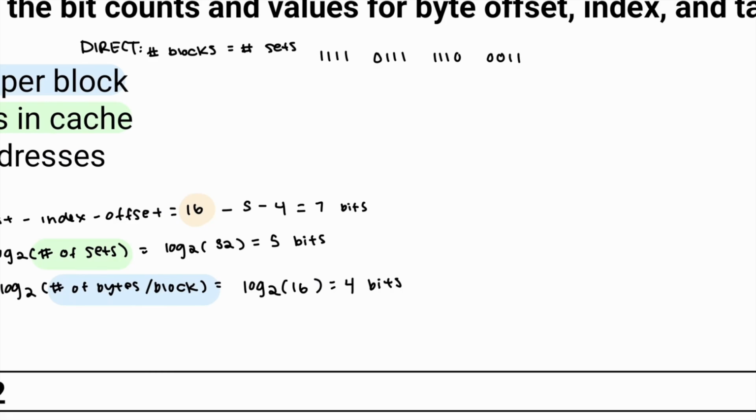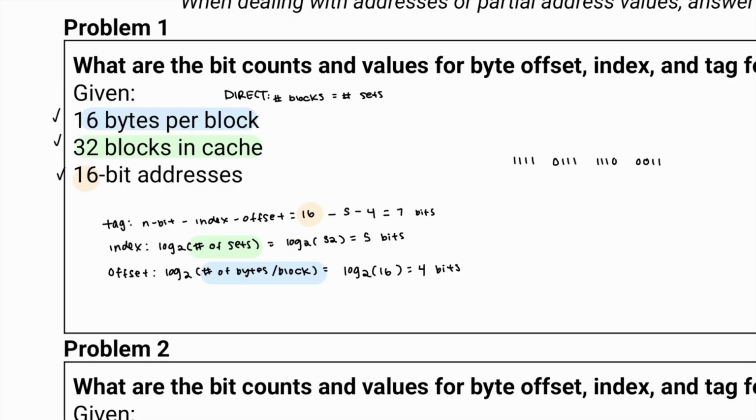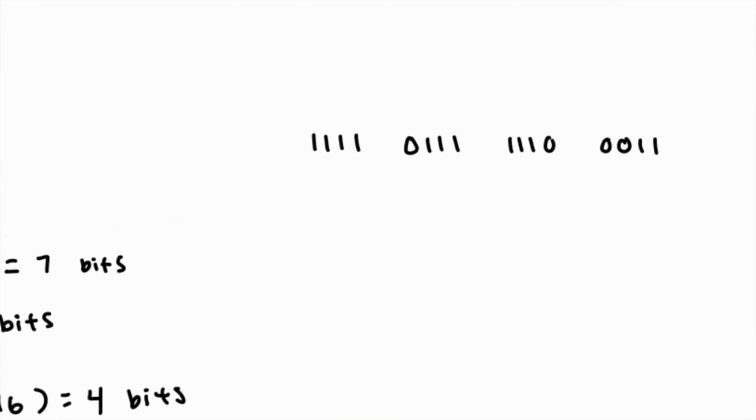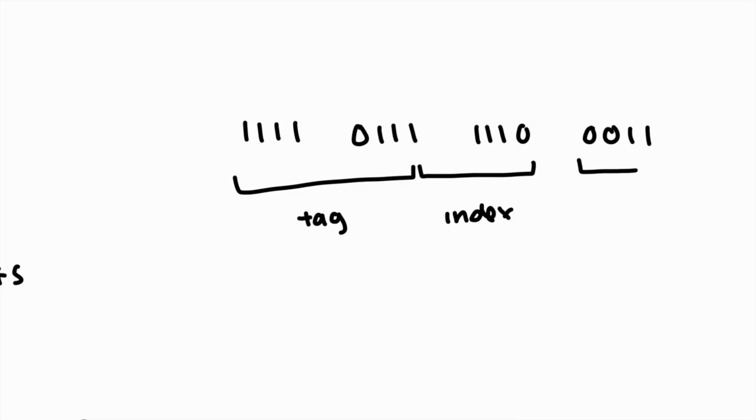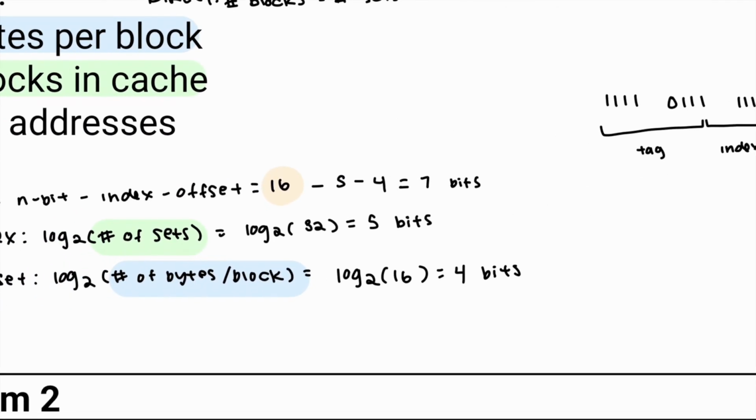Now, if we go to our address, we can find the tag, index, and offset bits. If the tag is the first 7 bits, we have 1, 2, 3, 4, 5, 6, 7. This will be reserved for the tag. Then the next 5 bits are for the index, and the final 4 are for the offset, which lines up perfectly with what we calculated here.